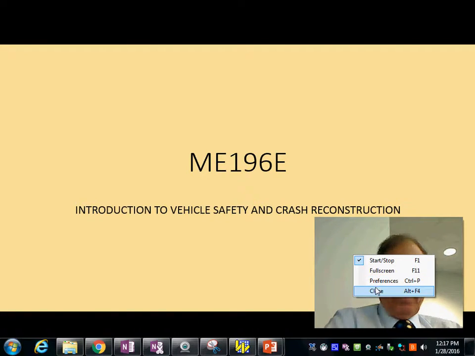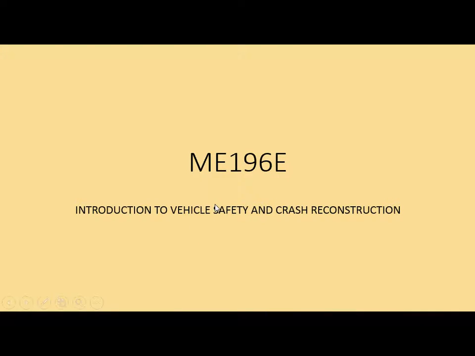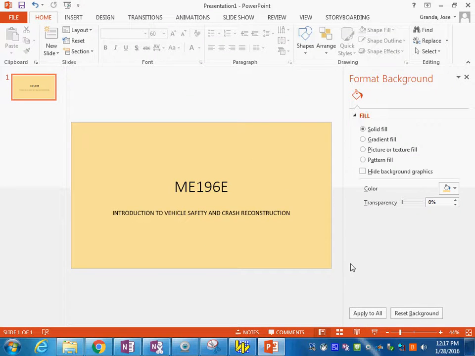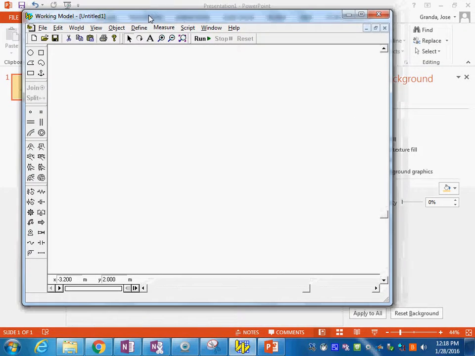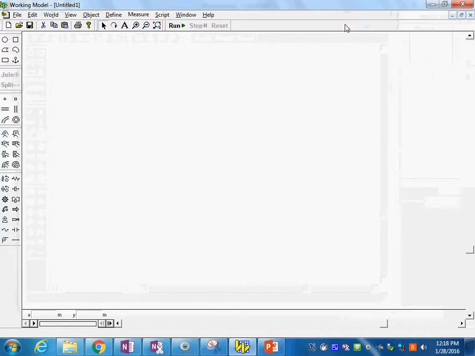I'm going to disappear from here, and then we're going to go over here to Working Model 2D, which you can see is the software over here. This is just a place where you can draw things, objects, and put situations in here as you want.